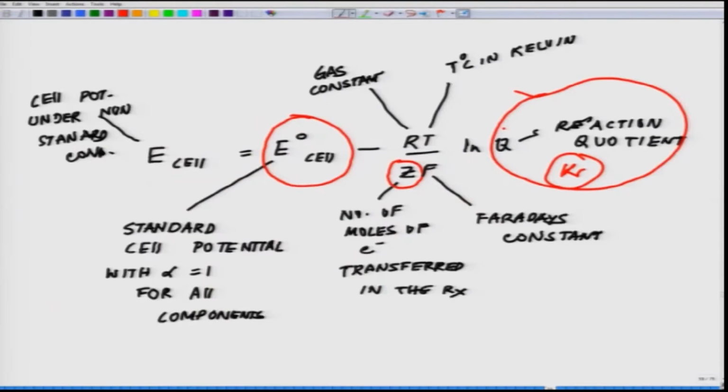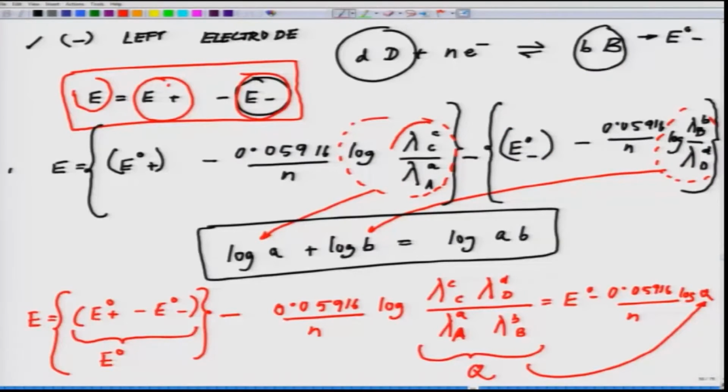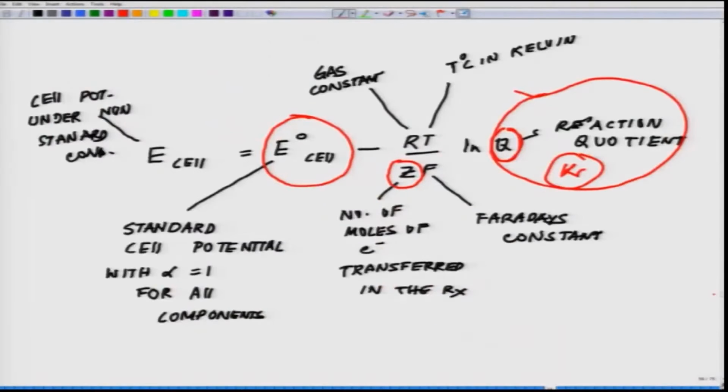Because if you look at the expression, from left to right, by varying the concentration, the numerator and denominator are going to change. By varying the concentration, you actually can allow the current to flow.